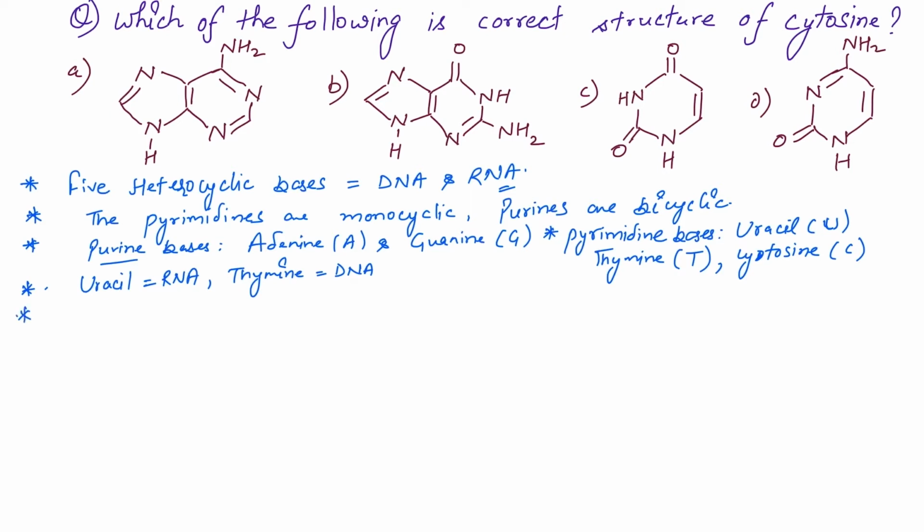So this can be sometimes also asked that which of the following is present in RNA. So our answer will be uracil. Which of the following is only present in DNA? Our answer will be thymine.